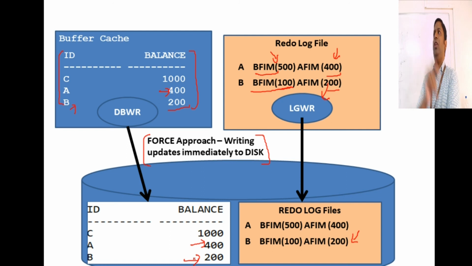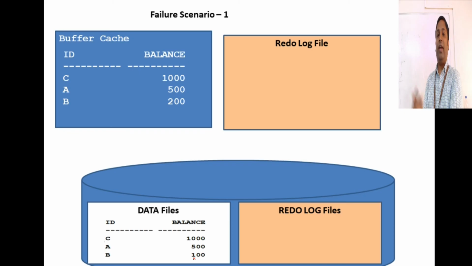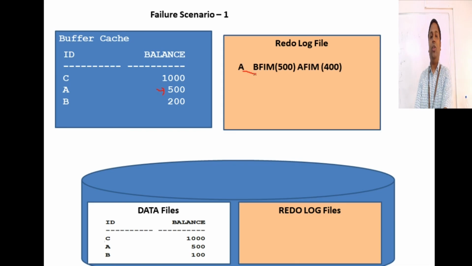Now we'll talk about the failures. What kind of failures can happen in transaction one while subtracting 100 rupees from A? Say, before changing A, what should I do? I should log it here, and then I will change A to 400. So it is getting changed to 400. Next, what should I do?